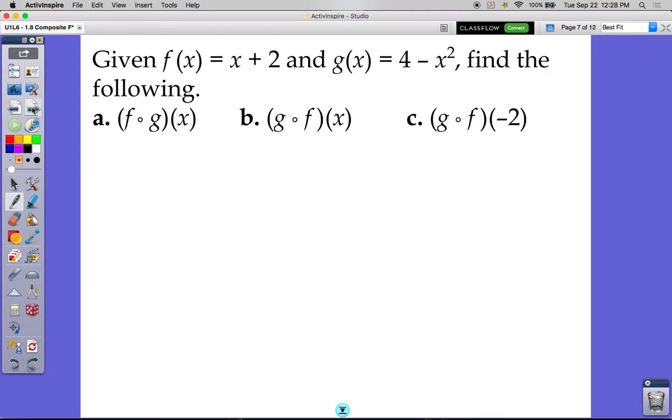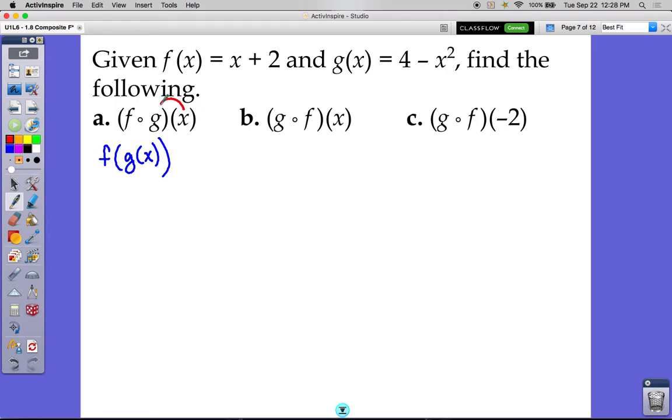Notice now, this might look a little different, but if you've done composition of functions before, note that f and then this little o looking like a dot, it's not multiplication, and then g of x, we often call that fog because we're talking about f of g of x. Those 2 things are exactly the same. That is composition of f of x and g of x. But again, the inner function is g.